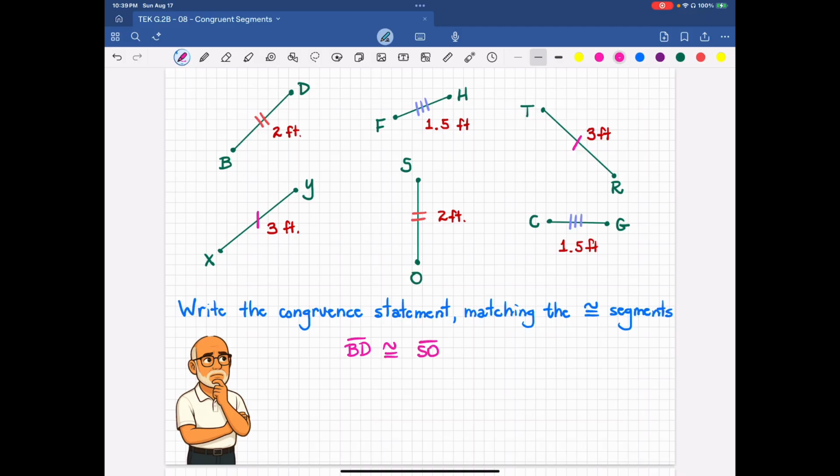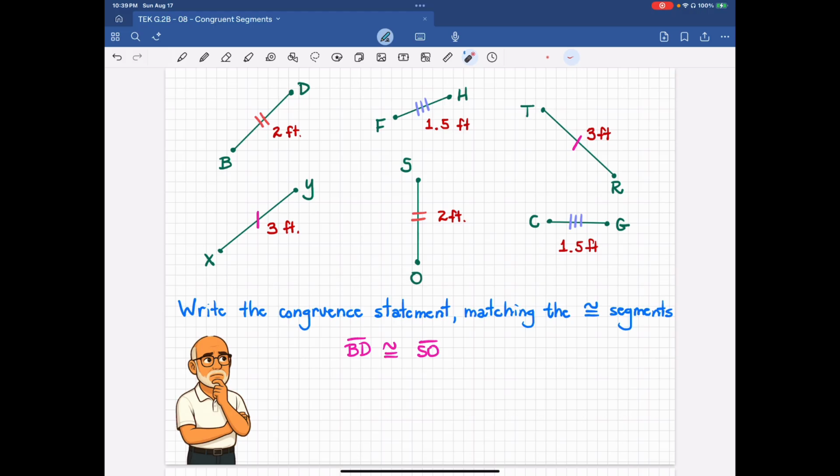Moving on, if we look at FH right here, we notice that it measures 1.5 feet, and there are 3 little marks on the segment FH. So I need to find another line segment that has 1.5 feet and 3 little congruence markings.